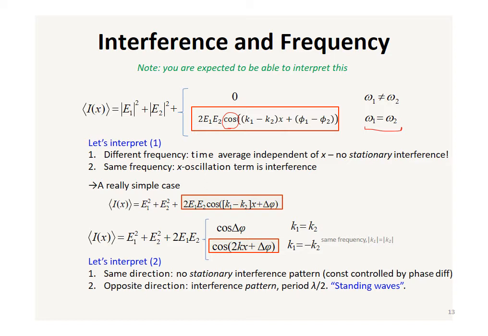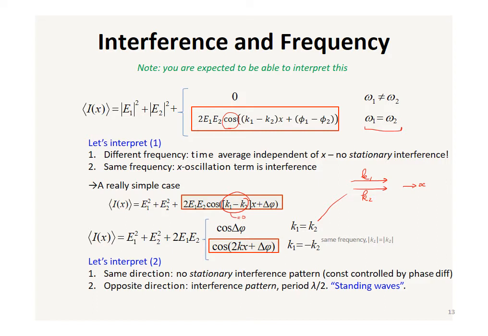Now, in this simple case where the waves are only allowed to travel along the x-axis, we can either have the situation where they're co-propagating, so we have k1 equals k2. They're both going in, let's say, the positive x direction. In that case, this term here will go to 0.